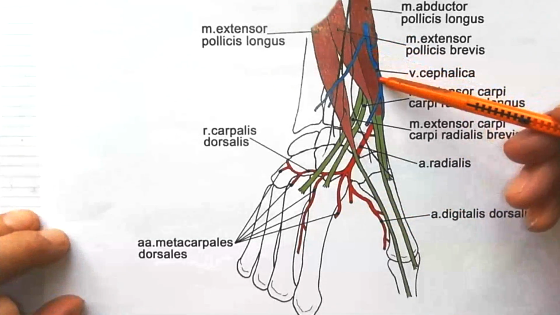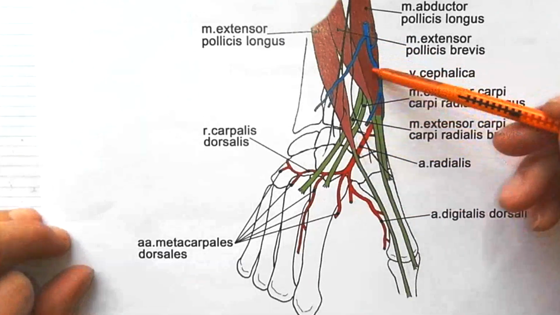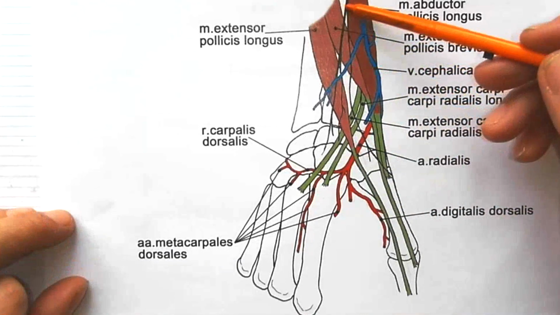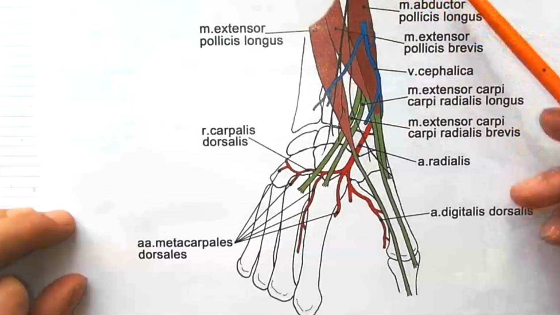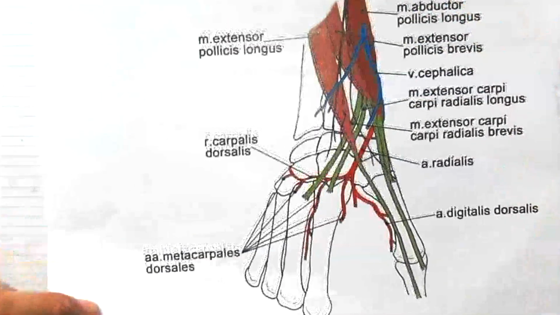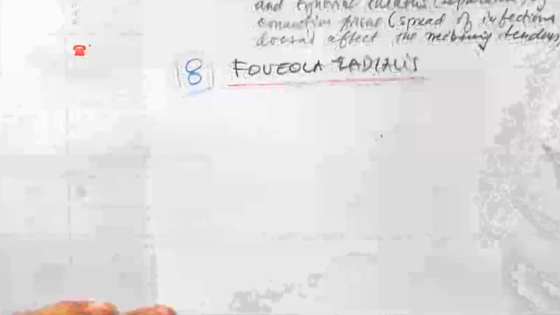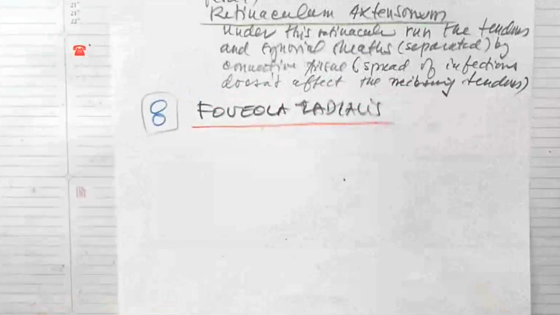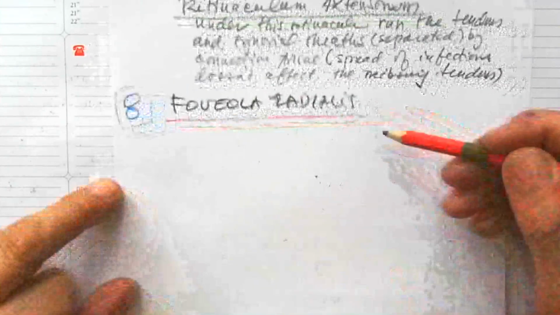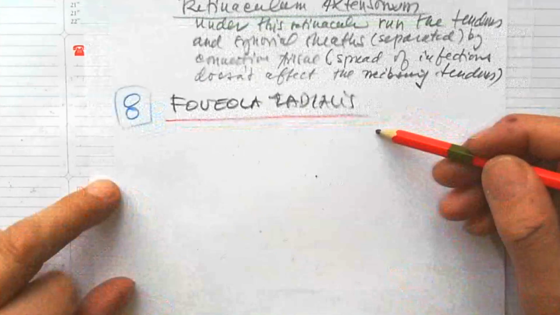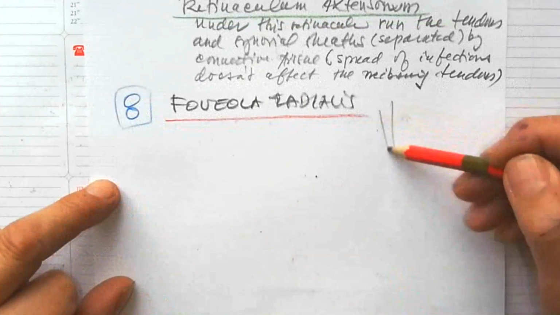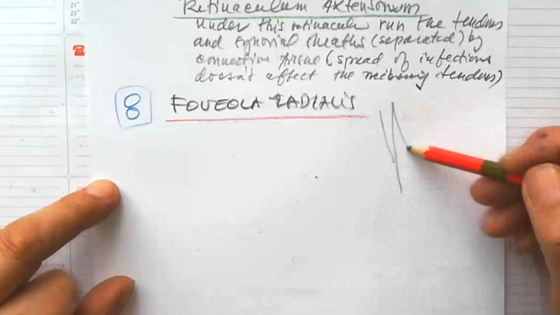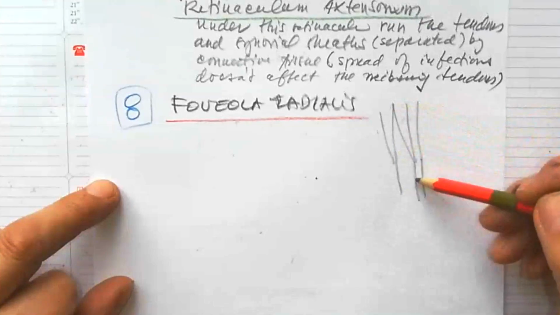The second structure is the cephalic vein, forming here the main trunk, and then here we see the branches of the superficial radial nerve, nervus radialis superficialis. So I think that the fovea radialis is simply formed by one muscle, second one, third one.